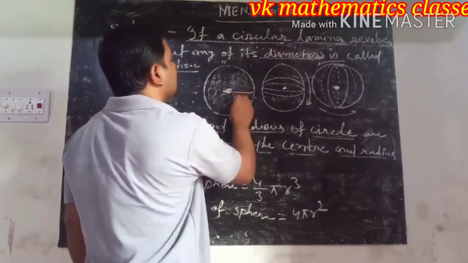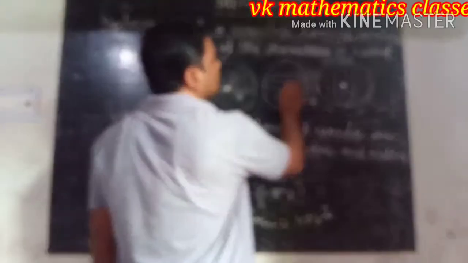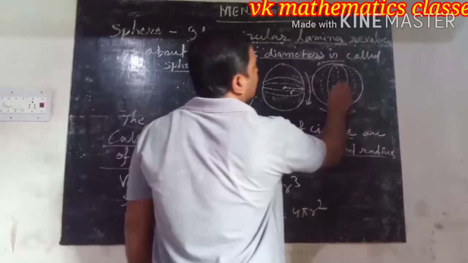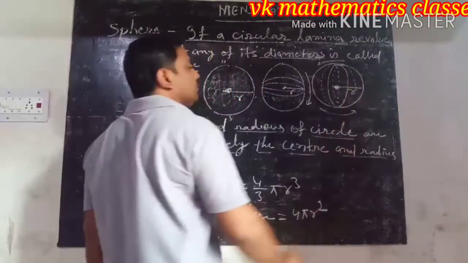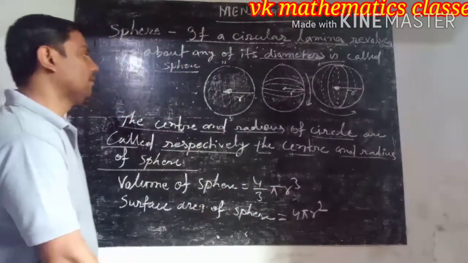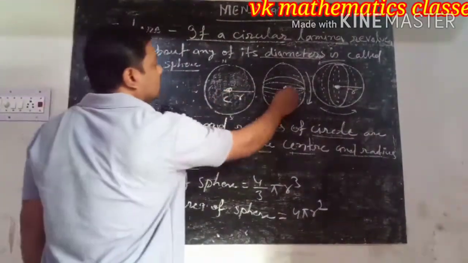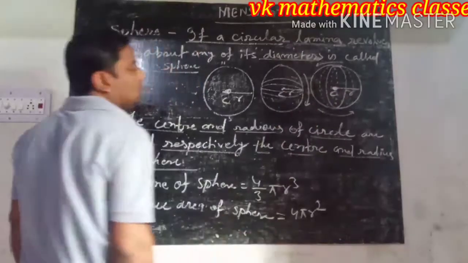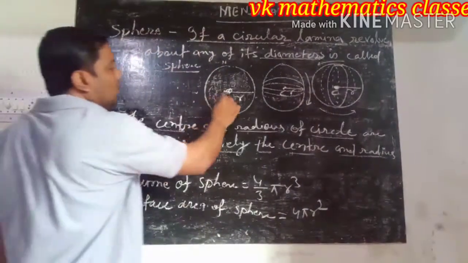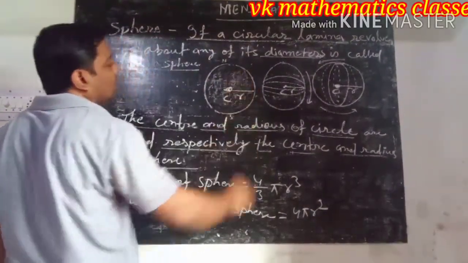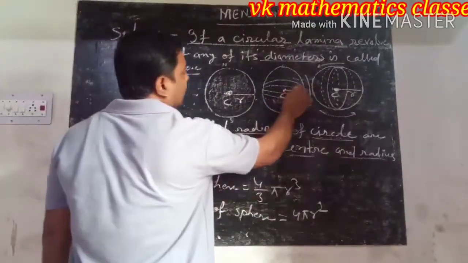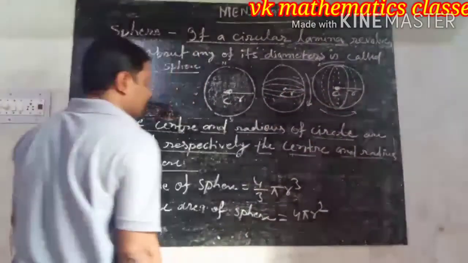Suppose the radius of the circle is r, so the radius of the sphere is also r. This is C, this is C, and this is C. So the center and radius of the circle are respectively the center and radius of the sphere.